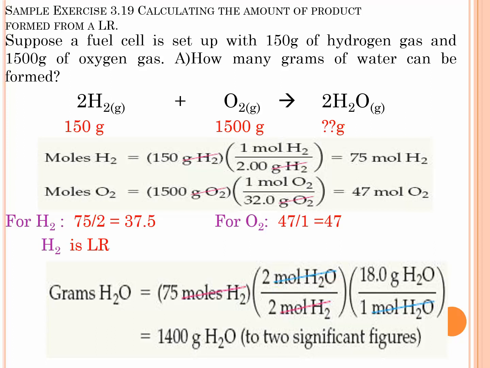So 75 times 2 divided by 2, then you convert it to grams of water, and you get 1400 grams of water. If you want two significant figures, you can write this down as 1.5 times 10 to the 2.